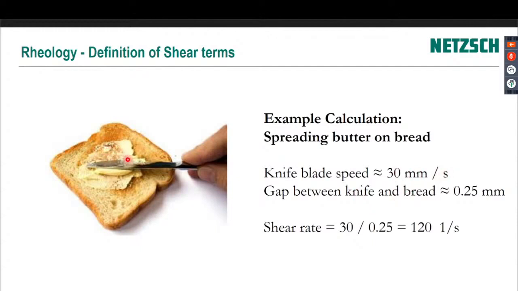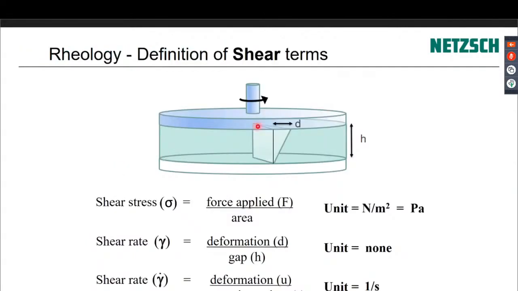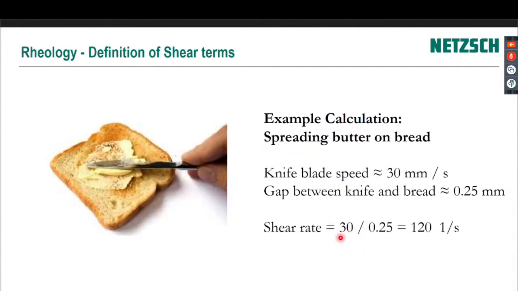And maybe that film of butter is on average 0.25 millimeters thick. So we basically divide the lateral speed, the sideways speed, by the gap. And that gives you this shear rate. So it's 30 millimeters per second divided by 0.25 gives you 120 reciprocal seconds. So you can think of that as an easy way to calculate things.